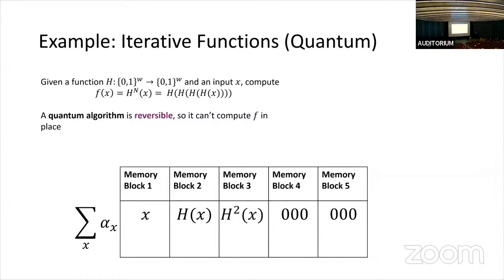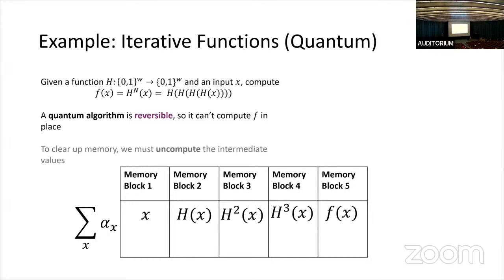And now we're already using more space than the classical algorithm, but we can go ahead and finish. And then when we're done, because we want this circuit to be coherent, we need to uncompute the intermediate values. Okay, so this takes some more queries, but it's a standard technique, and eventually we can do it.